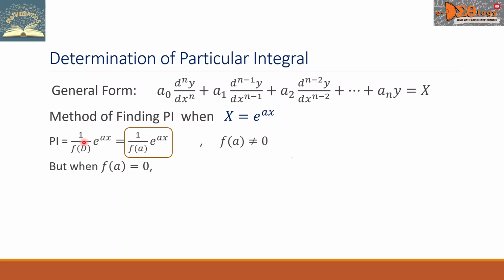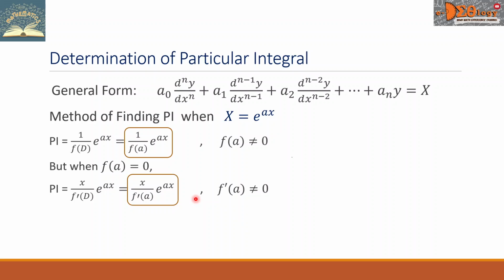It means we multiply this one by x, and in the denominator we take the derivative of this with respect to D. So it becomes like this. The PI equals x all over f prime of D times e raised to ax. After this, we evaluate the f prime of D by the value of a. This is now our value for the PI.